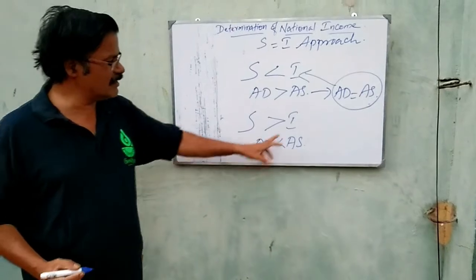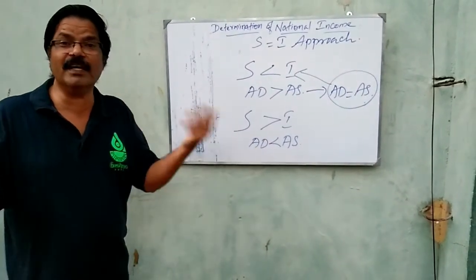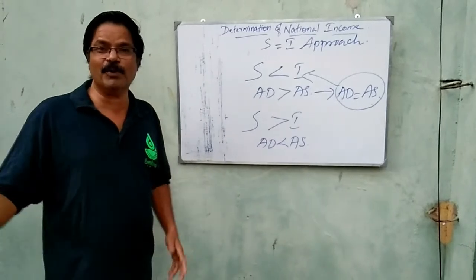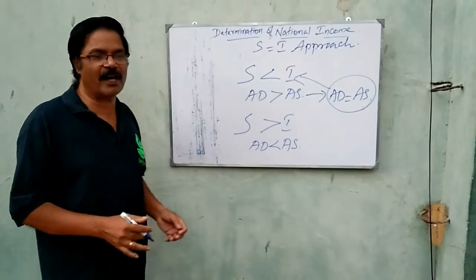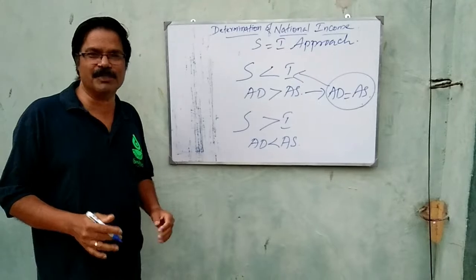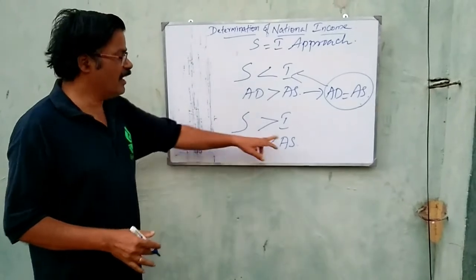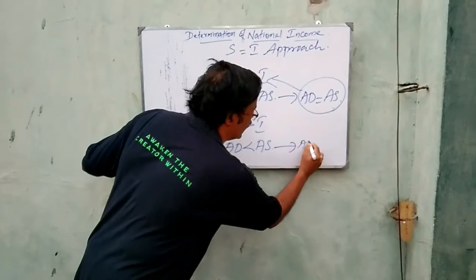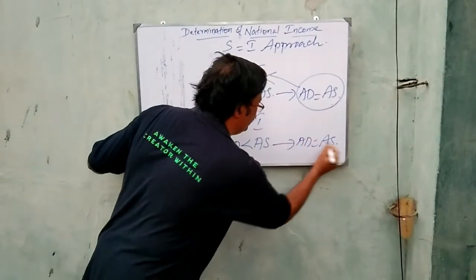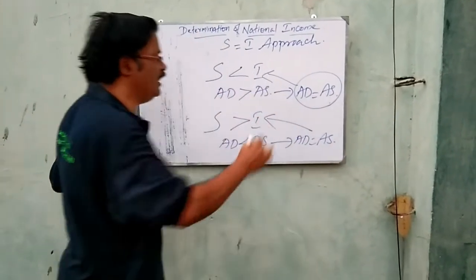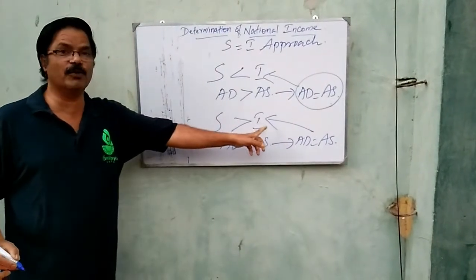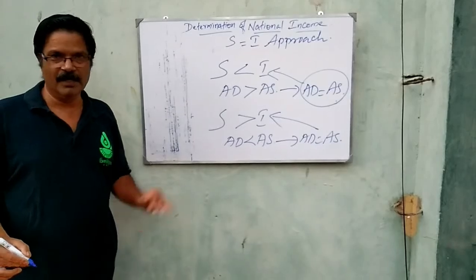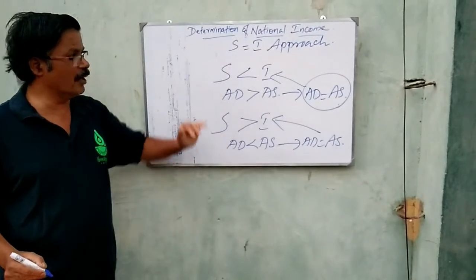So when demand is less than supply, what will happen? Inventories will pile up, stock will increase. This will give a warning to the producers: see, your stocks are unsold. So as a rational producer, you will reduce production. Naturally, AS will fall and ultimately AD and AS will become equal. And we have already seen that if AD and AS are equal, S and I also will be equal. So the economy will reach the equilibrium level of income and employment.